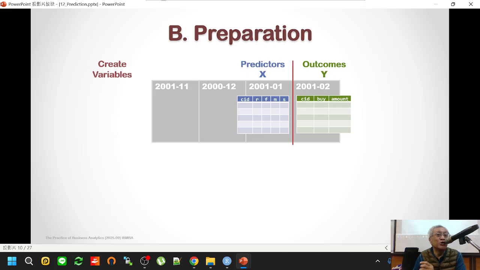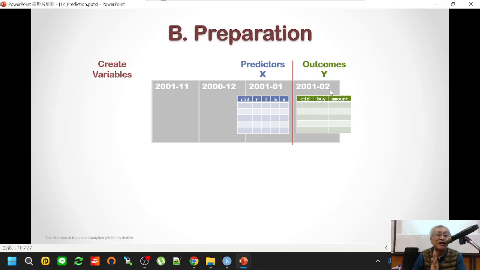Okay. To make our predictor, right? Okay. So if I aggregate the first 3 months of data to make the X, the predictor, okay, and then for the last month of data, it is very easy, right?